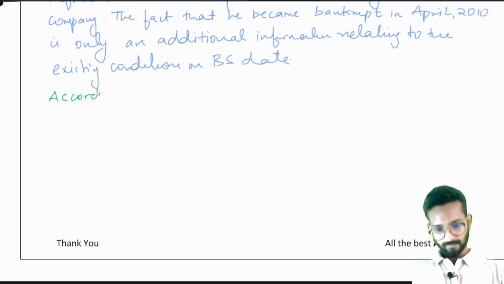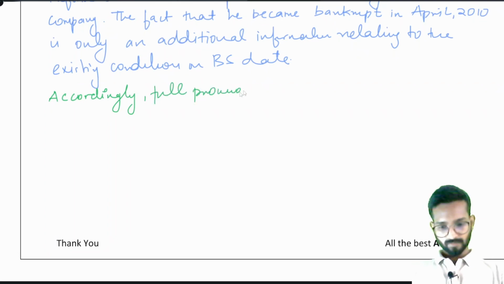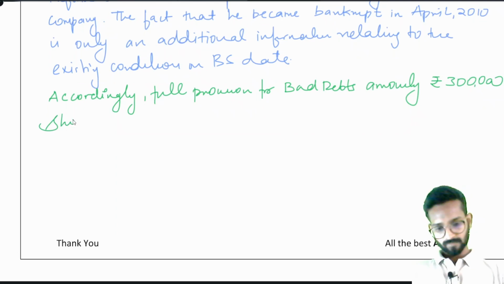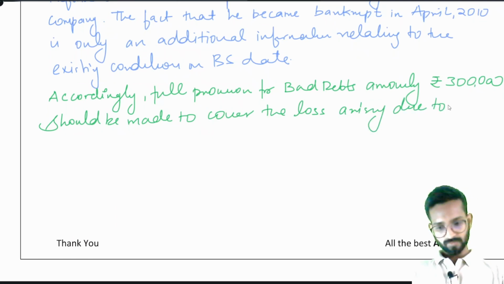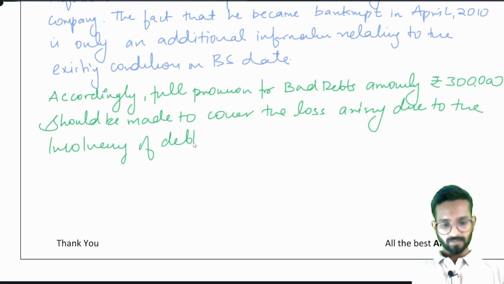Accordingly, full provision for bad debt amounting to 3 lakh should be made to cover the loss arising due to the insolvency of debtor in the final accounts for the year ended.